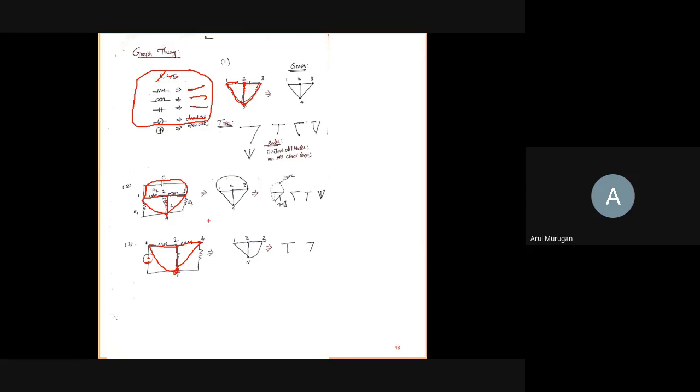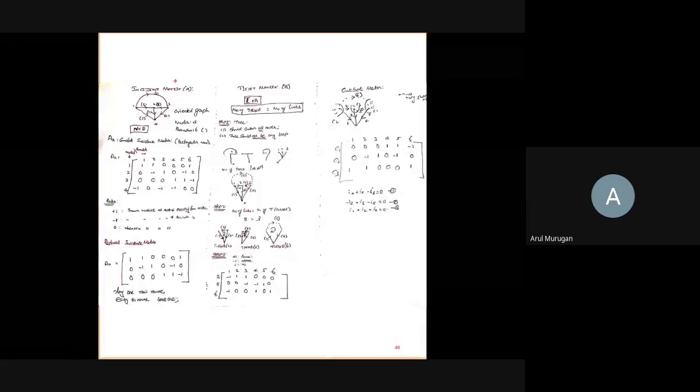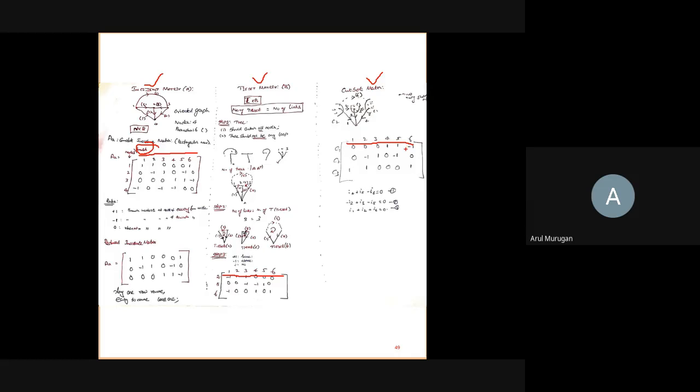This is a graph, and that is a matrix. In the graph there are three matrices: incidence matrix, tie set matrix, cut set matrix. Keep in mind, you want to draw the matrix. On the x-axis is the branch; all x-axis entries are branches, common to all. In the incidence matrix the y-axis is the node.